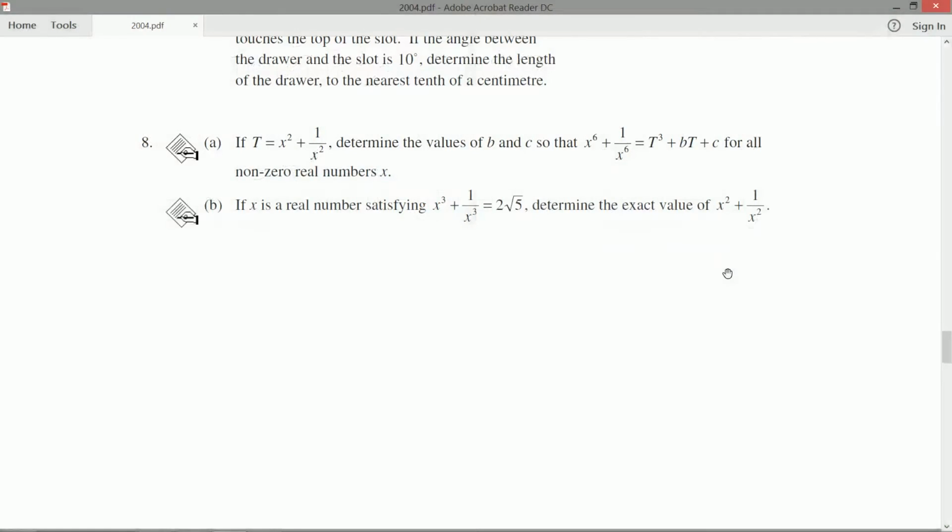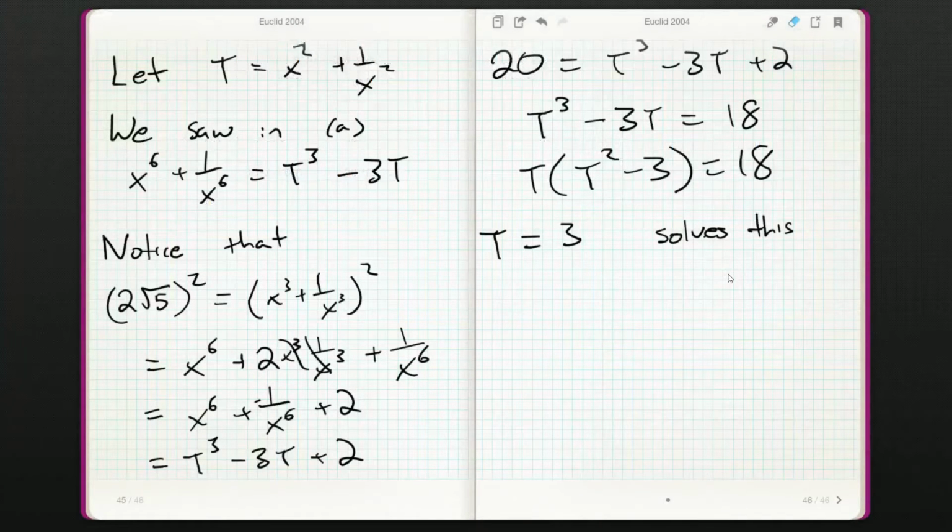I think based on the wording of the problem, it's got to be. I'm just trying to think if there's some way to show that. Well, it looks like the thing we want is 3. But how can I know that there's no other solution to this?